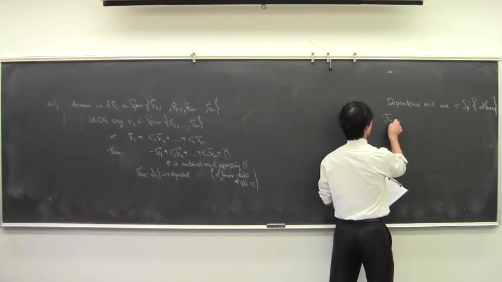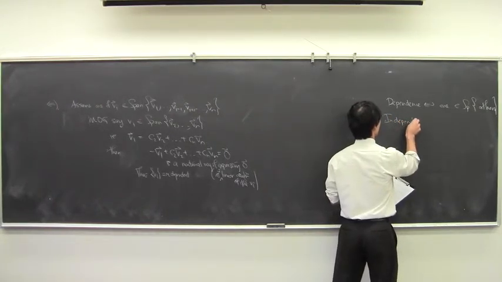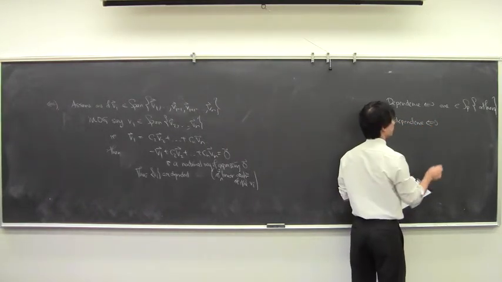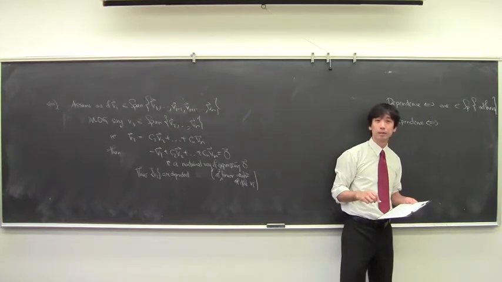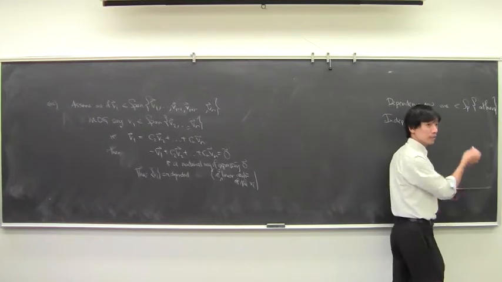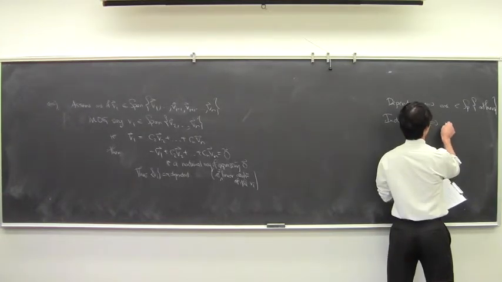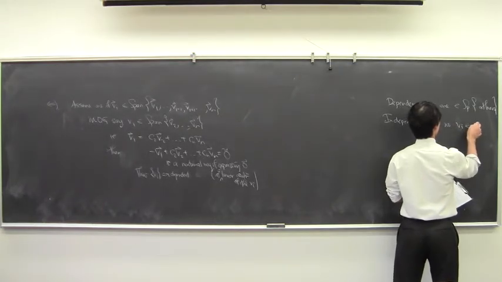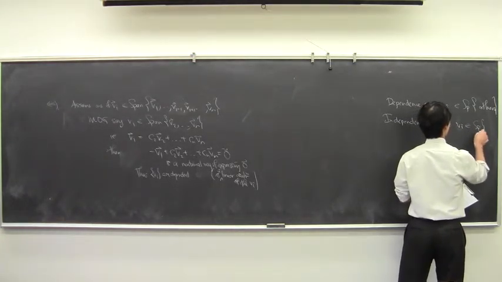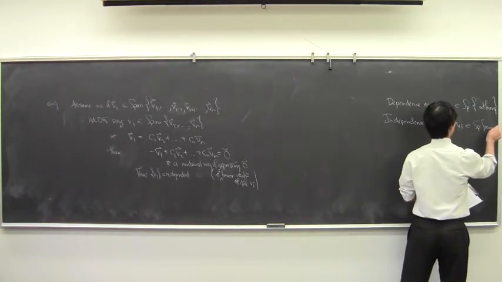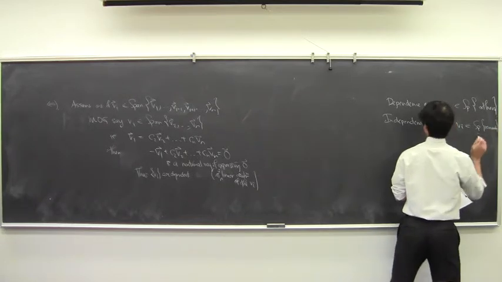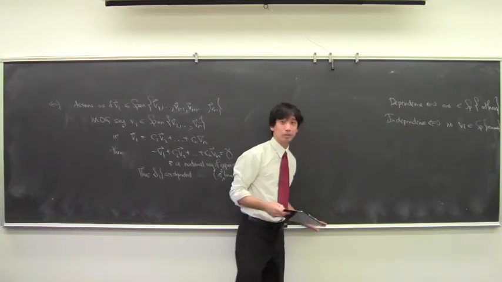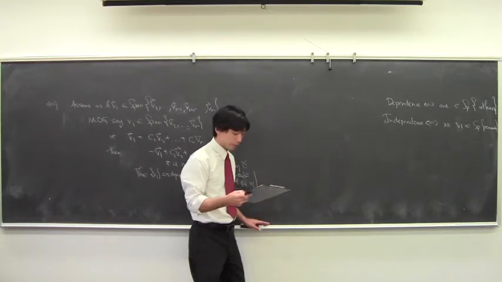And so independence is equivalent to what? None, right? Nobody is in the span of the remainders. No Vi is in the span of the remainder. Just as a logical thing, that's logically equivalent to the statement.